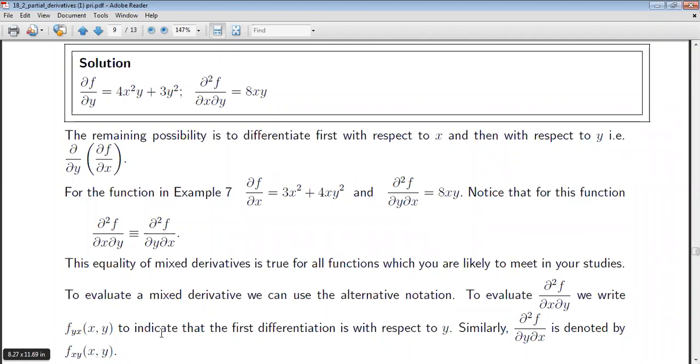Suppose the notation is given in suffix form; for that you must also remember the symbolic notation of the partial derivatives.